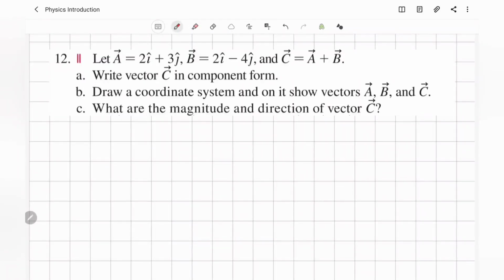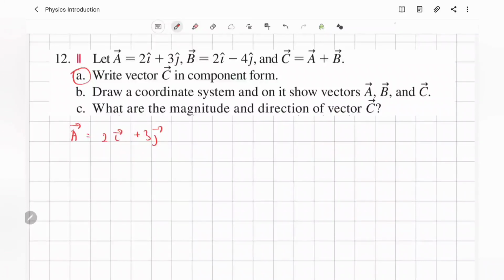Next question is about unit vectors. Vectors are given in terms of unit vectors. Let's solve it. We have A vector and B vector, and we need to find C, which is A plus B. So we need to solve it in terms of component form. A vector equals 2i plus 3j.